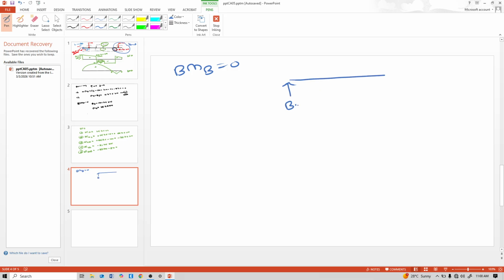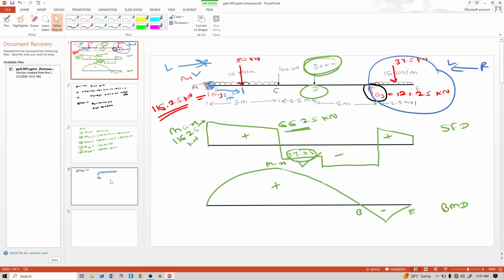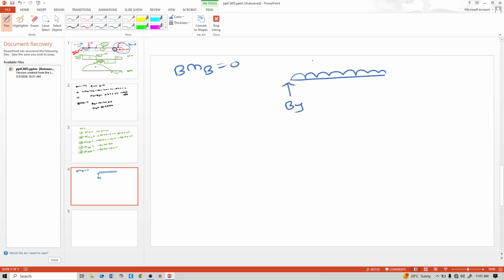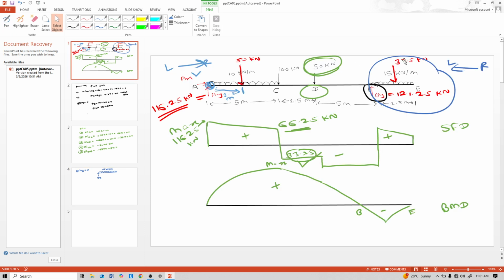BY reaction vertical, uniformly distributed load 50 kN per meter. I do not take this 37.5 because I consider this 50 kN per meter. Either you consider UDL or the conversion of UDL into point load. Don't take these two loads. This 37.5 is only for representative purpose.